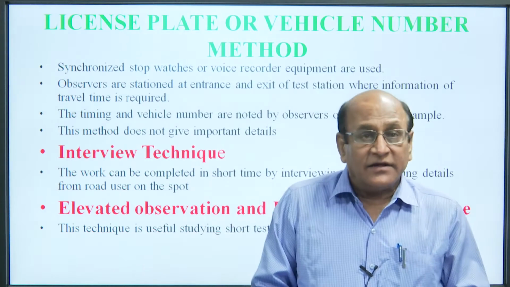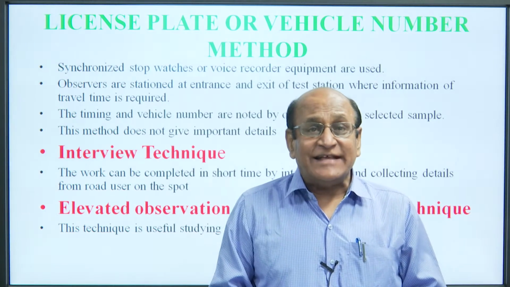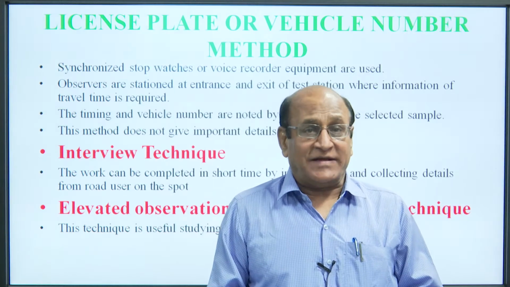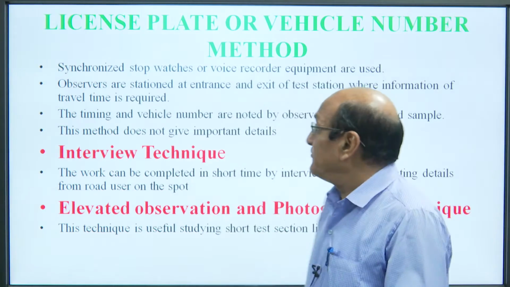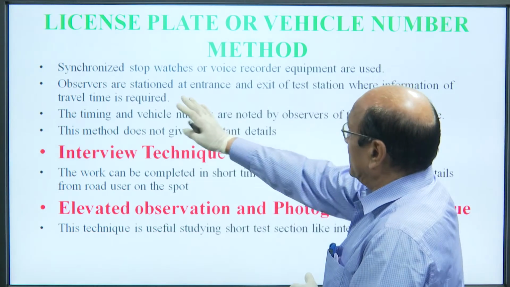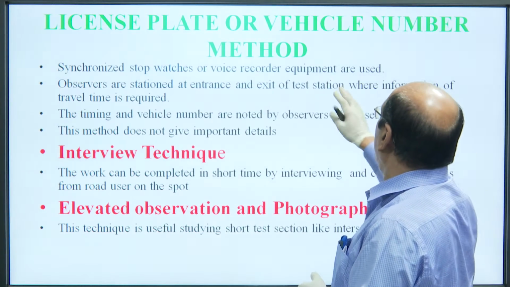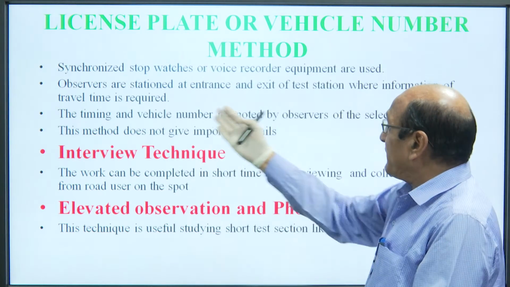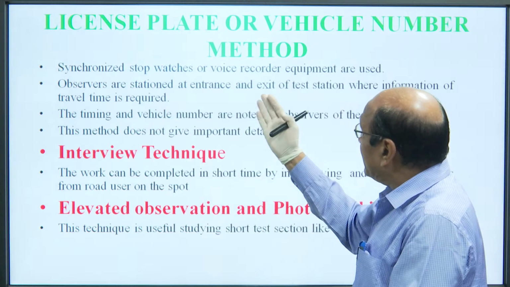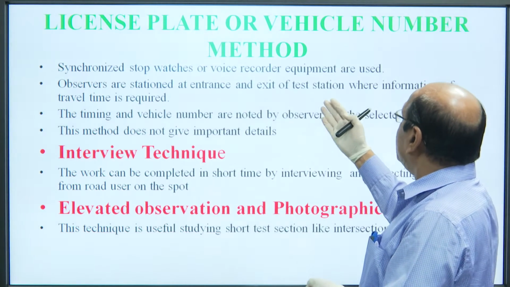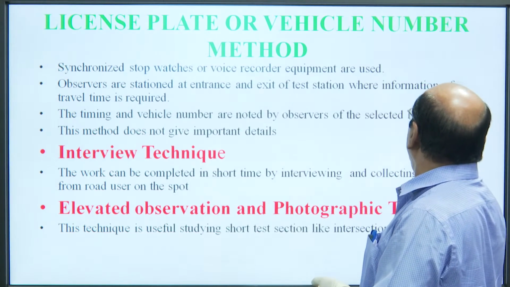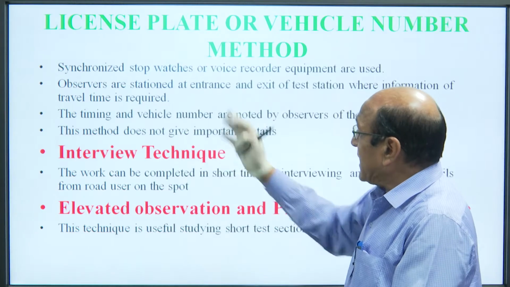Now, the other method is the license plate or vehicle number method. Here, synchronized stopwatches or voice recorder equipment are used. Observers are stationed at the entrance and exit of the test section where the information of travel time is required.